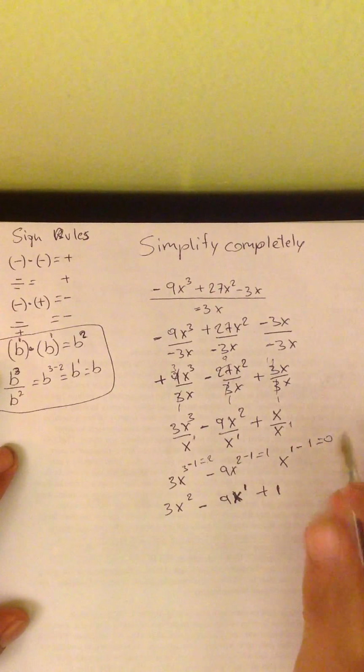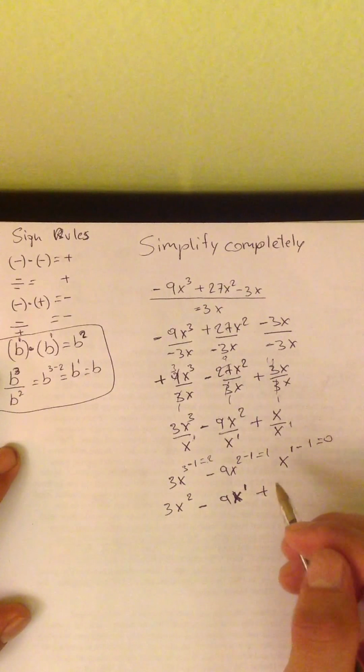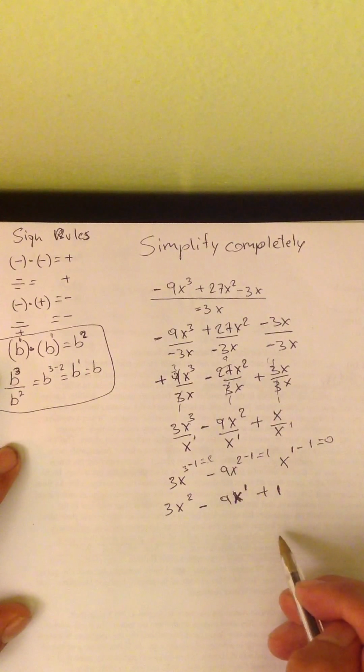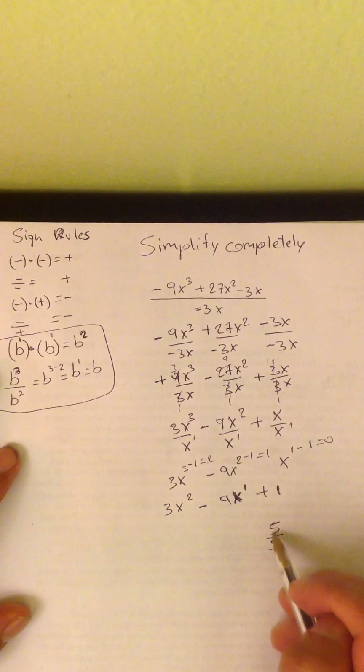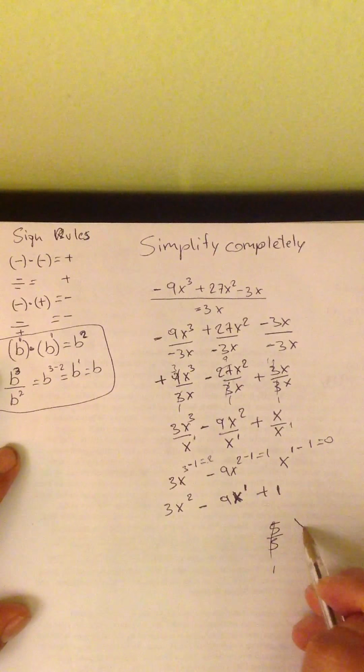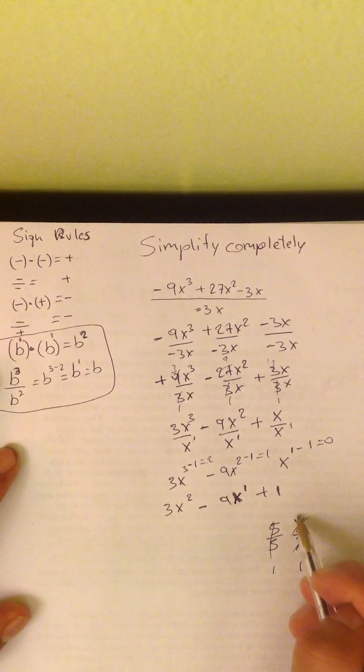Now we're like, okay, we just said that 0, now why is it 1? Well, to explain this, it's like saying 5 divided by 5 is 1. Is that correct? Yes, it is. So x divided by x is 1. So that's the proof that it is 1.